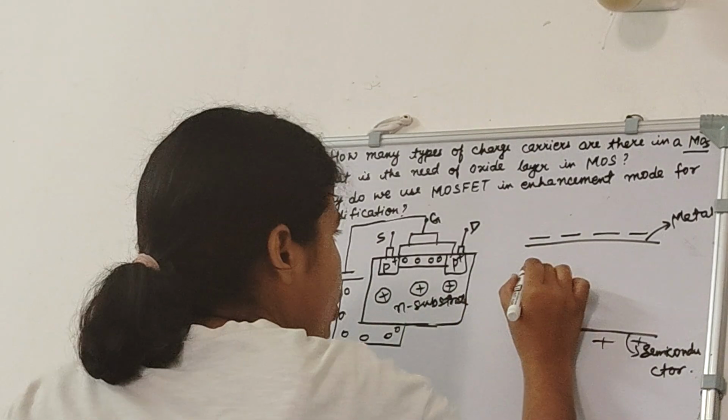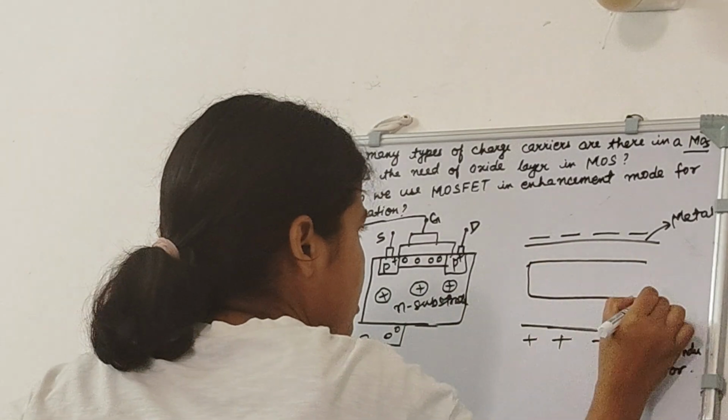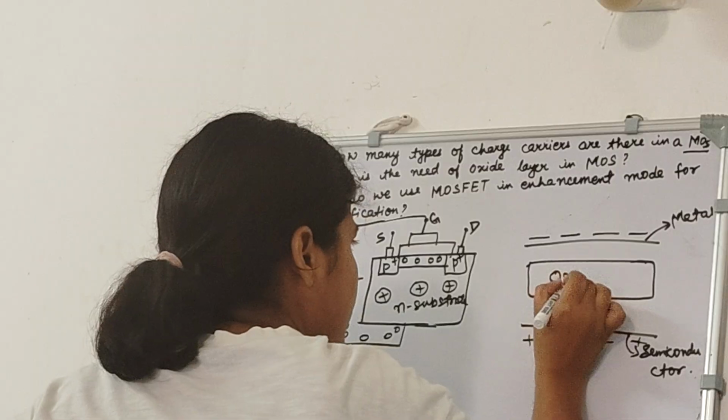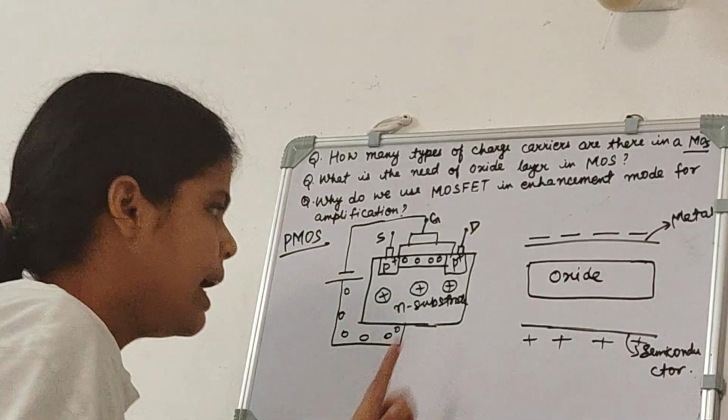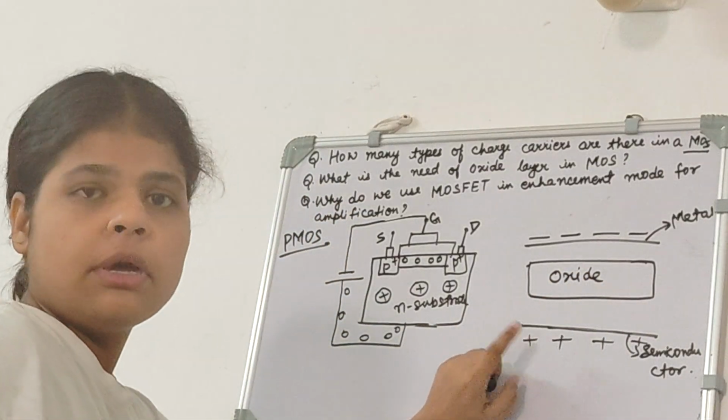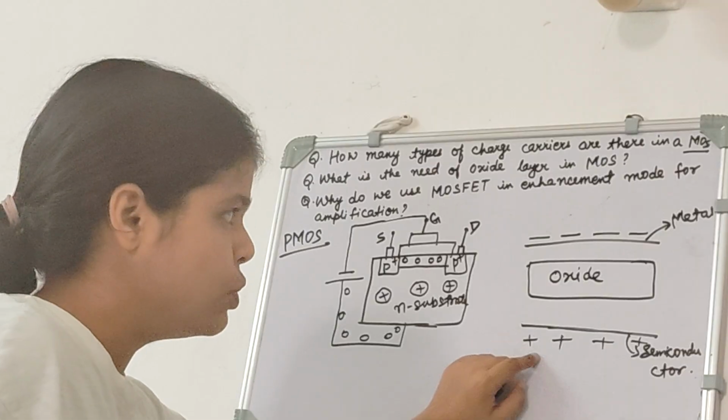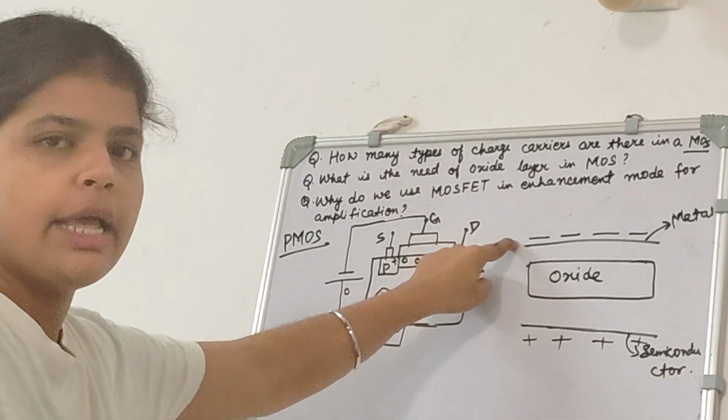And when we put oxide layer here, our oxide layer acts as the insulator and it stops the holes from going to the metal layer and getting neutralized.